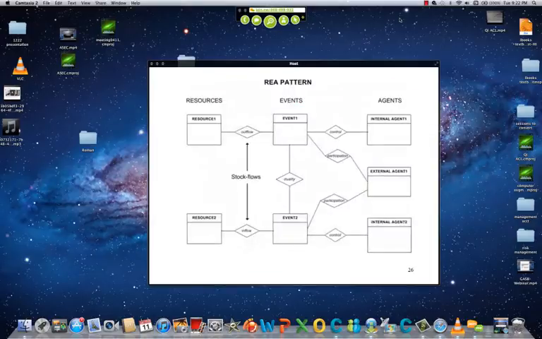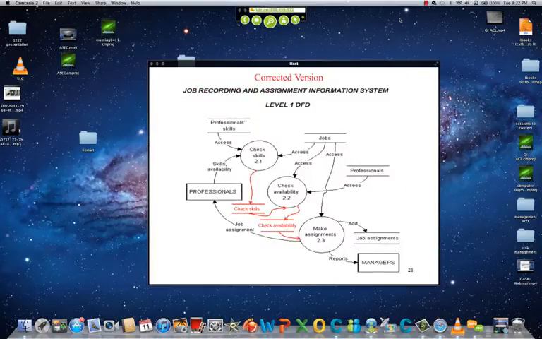For each event on the DFD, you create information processes. For each of those events, you look at the agents associated with those events. For example, here professionals, so you put them here. Then for each resource and agent, like professional skills, you create a table.